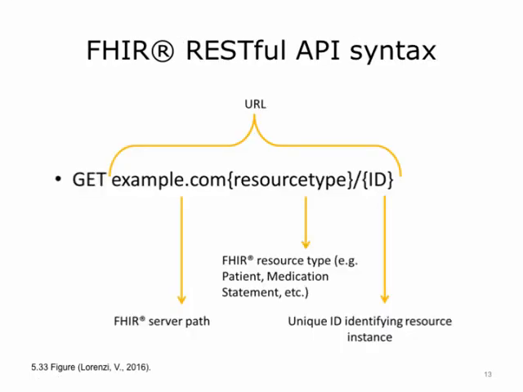A RESTful API can be used to interact with the resource. As noted before, an API, or application programming interface, is a list of commands or operations that a server provides so that any interested client application can interact with a server application.